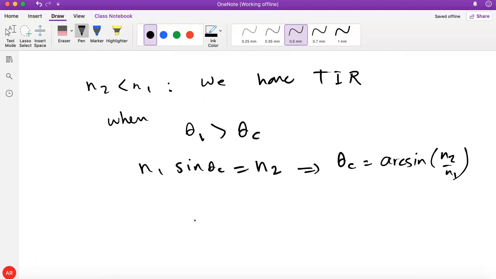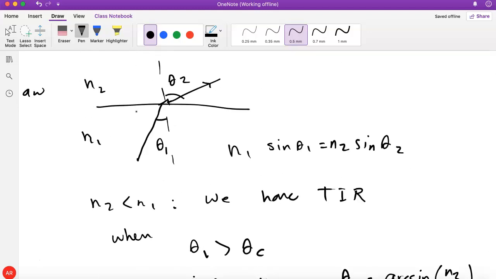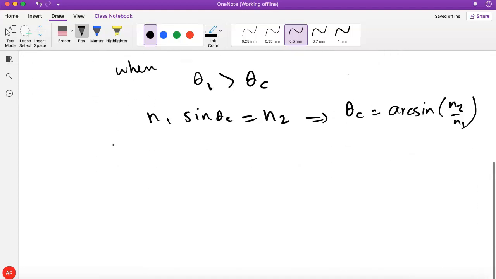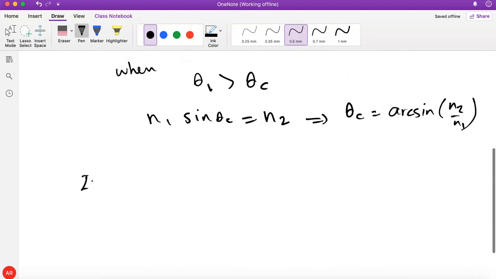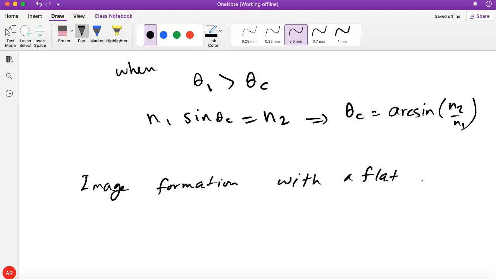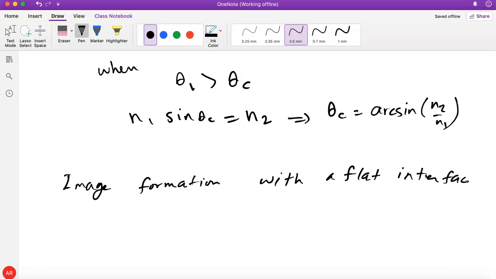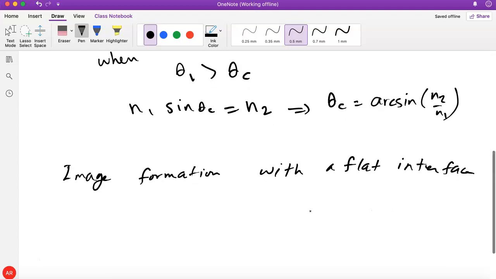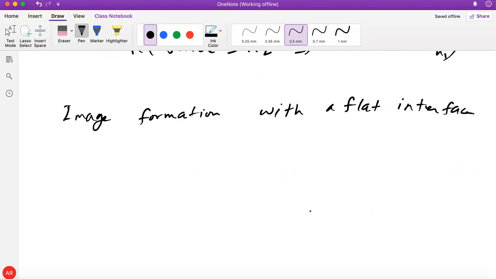because it has to go through an interface between the two different media. And so the simplest case is just a flat interface like this, right? So let's say image formation with a flat interface. So what happens?